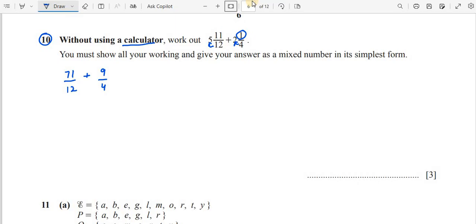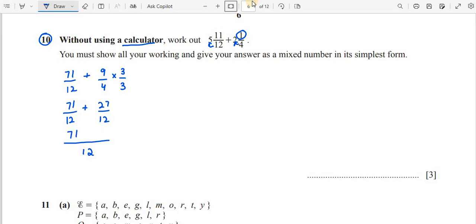Denominator is 4. To make the denominator 12, multiply by 3 and also divide by 3. So 71 over 12 is the same, plus 9 3s are 27 over 4 3s are 12. So the denominator is the same, LCM is 12.